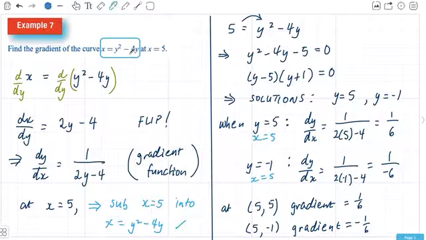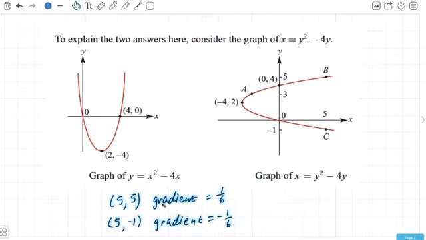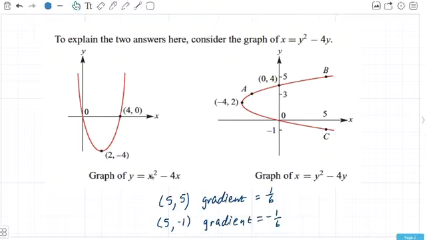On the next page we can actually see what that looks like. I'm just going to copy this result so we can try to understand what's happening. These are the graphs. I've taken this out of your textbook so you can see. This graph here, y equals x squared minus 4x, is effectively the inverse of this graph here, just swapping x and y.